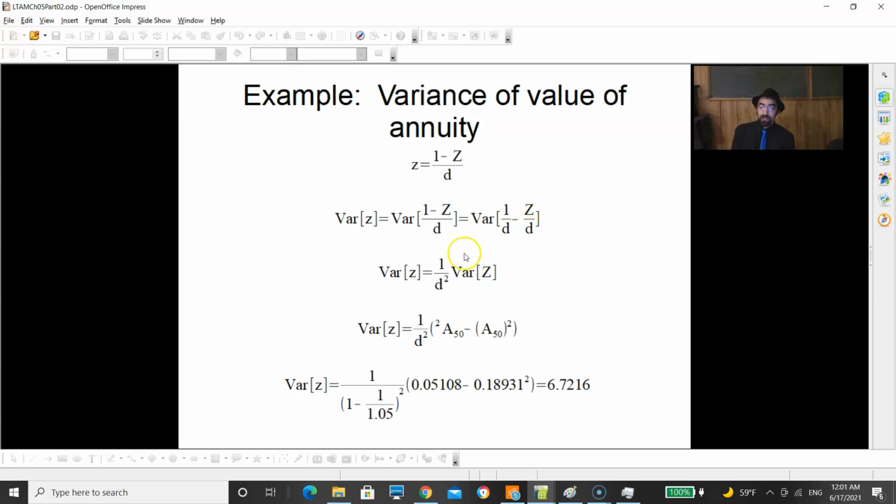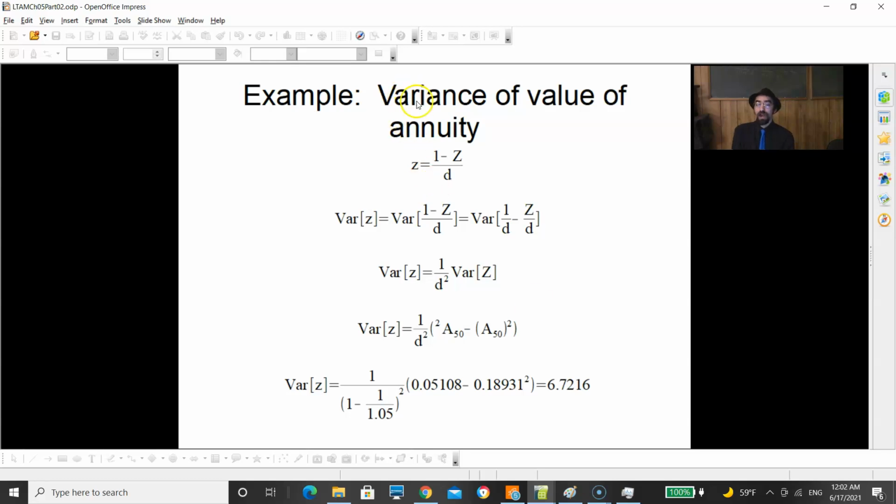Dividing by a constant divides the variance by the square of that constant. So we get variance of z equals 1 over d squared, variance of big Z. And now you can look up squared A50 minus A50 quantity squared. Crunch our numbers together, and we get the variance of the annuity value for a 50-year-old is 6.72.